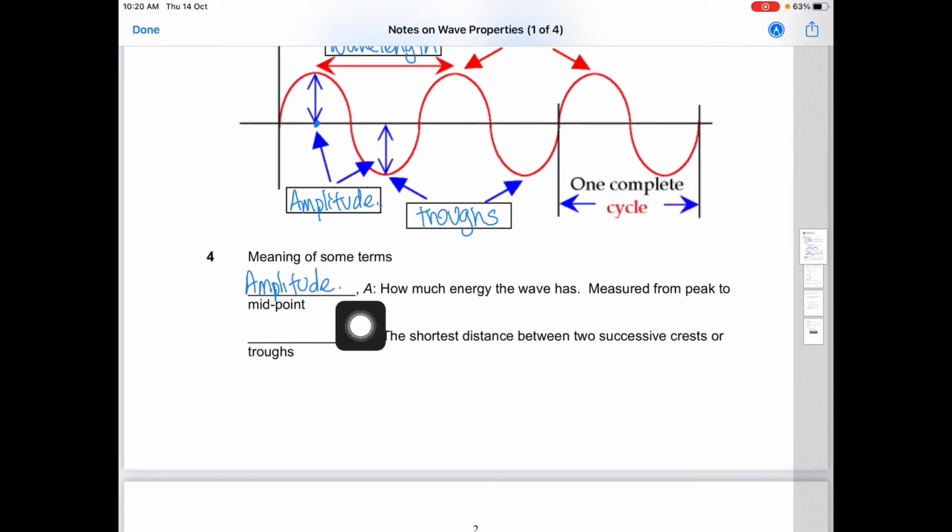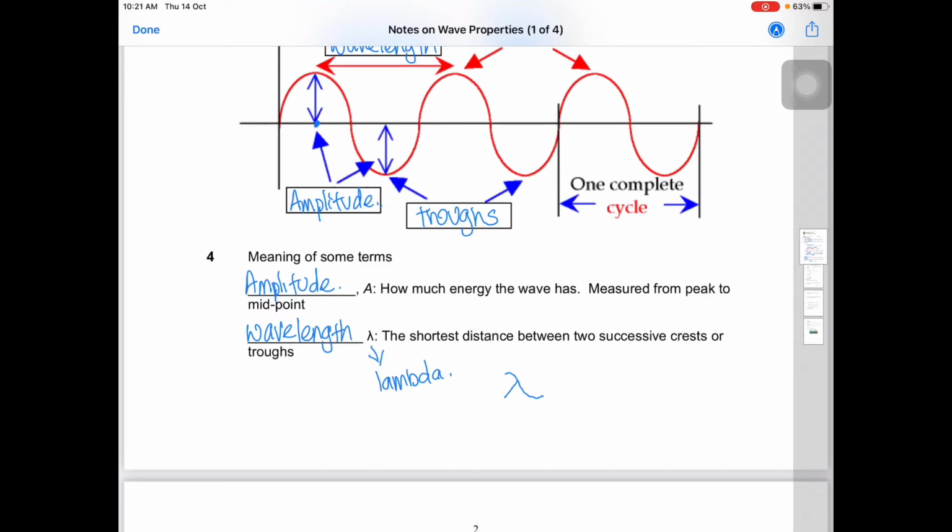Next, this funny symbol here is called the wavelength. This symbol stands for lambda. How you write lambda is a backslash line like this, followed by a line something like that.